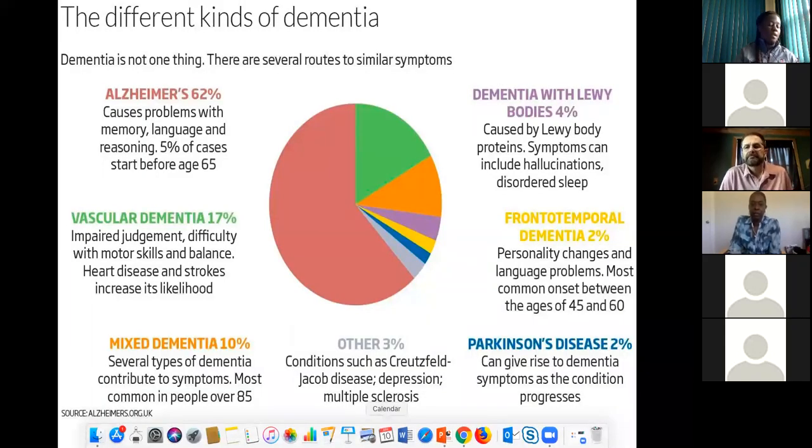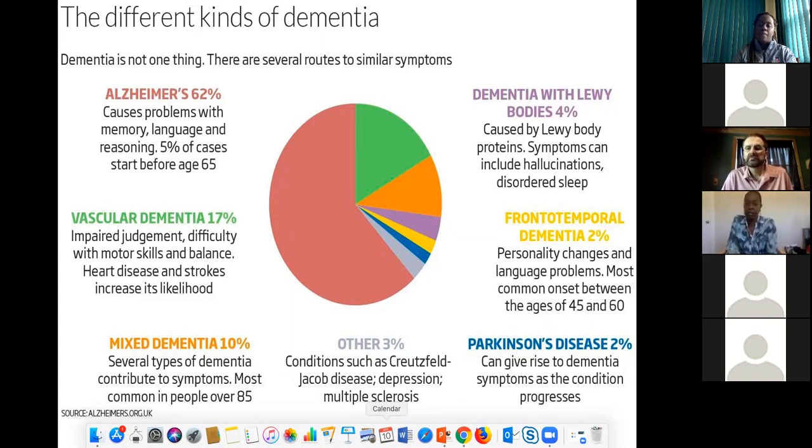Different kinds of dementia. Dementia is not one thing. There are several routes to the symptoms that we discussed earlier. We have Alzheimer's and vascular dementia. We'll talk about Alzheimer's first, which causes problems with memory, language, and reasoning. About 5% of cases start before age 65.